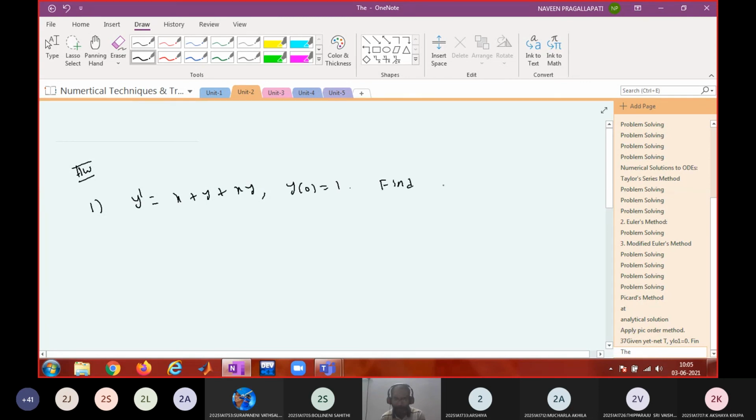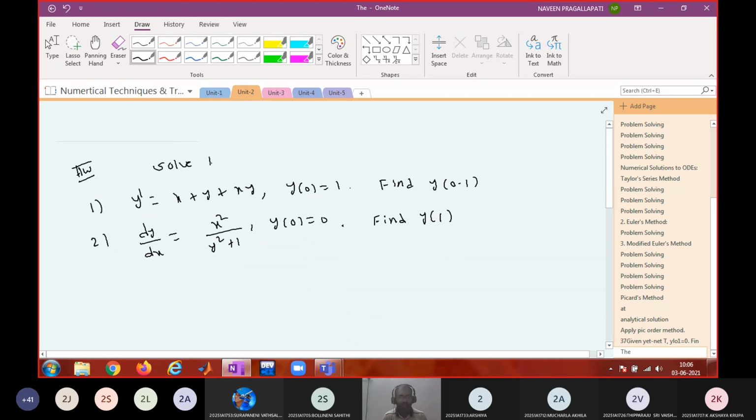Next one: dy by dx is equal to x square by y square plus 1, y of 0 equal to 0. Find y of 1.